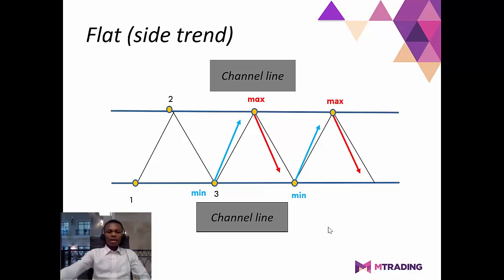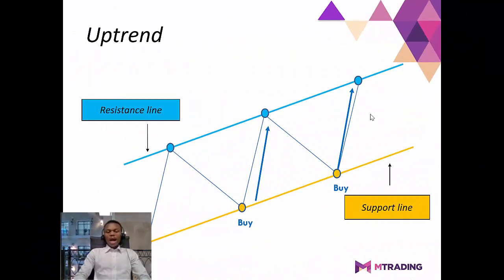That's why we have this working as a support line, and this as a resistance line. The price will move from point 1 to point 2, and it will reverse from point 2 to point 3, and it will keep doing this until the price breaks one of the lines.